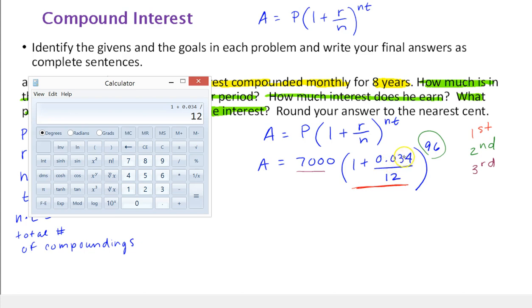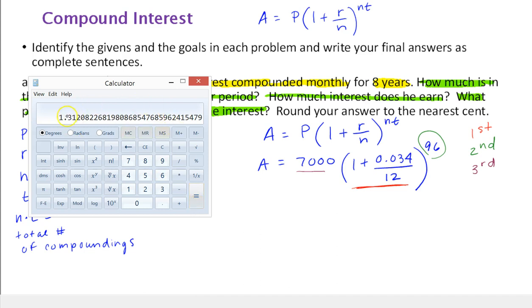Since we're sharing this yearly interest rate over 12 months and 12 pieces, this decimal is the interest we'd get per month, and the 1 represents the 100%. Now we're going to raise this result to the 96th power. That's going to be the 96 compoundings, and there's a button right here. It says X to the Y. Notice it put a little caret, and now I'm going to put 96.